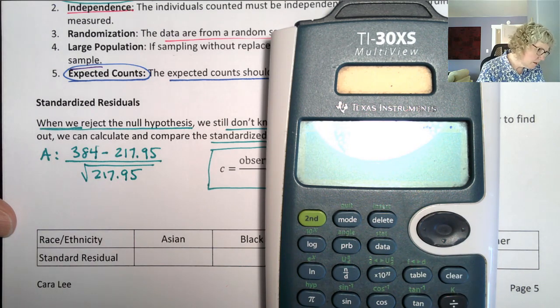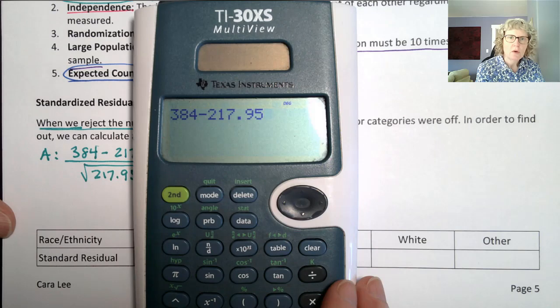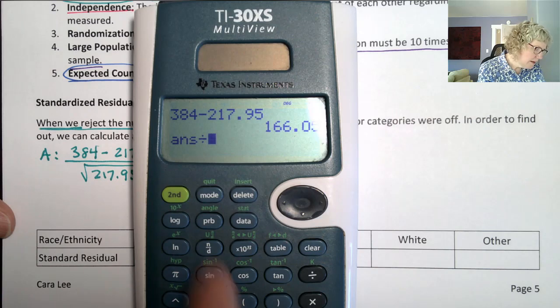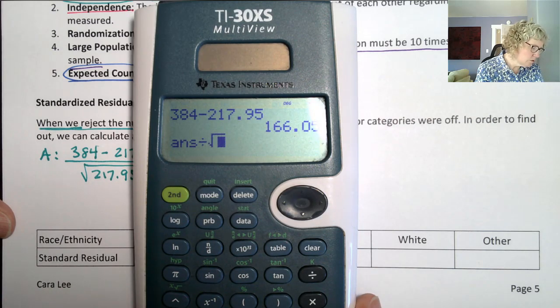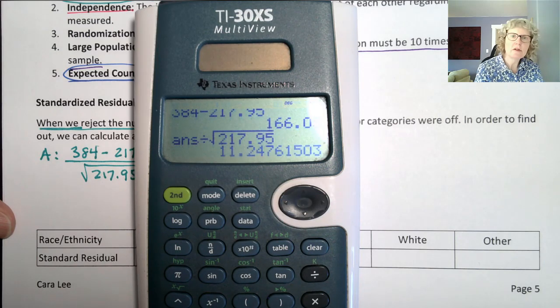Okay, I'll do this one on my calculator. Why not? 384 minus 217.95. Now I need to either hit enter, or just like a z-score, because I want the subtraction to come first and then the division, or I need to do parentheses. I'm going to hit enter and then divide that by the square root of 217.95.